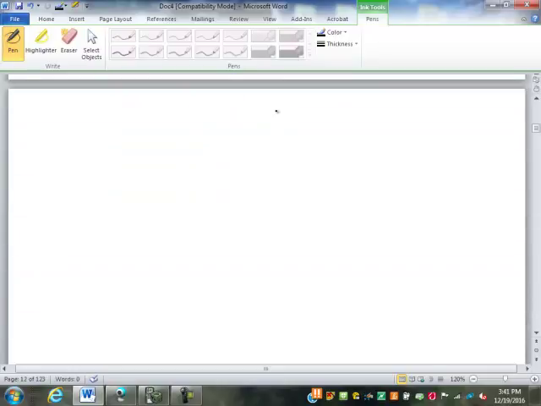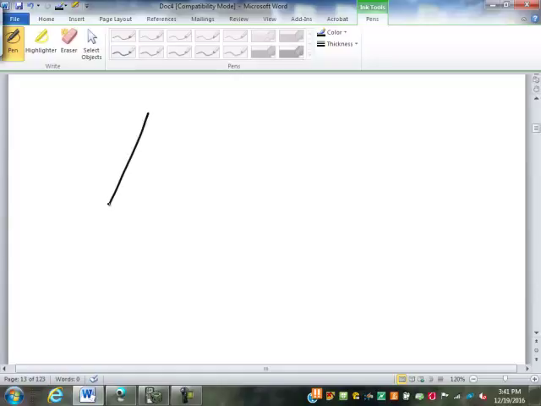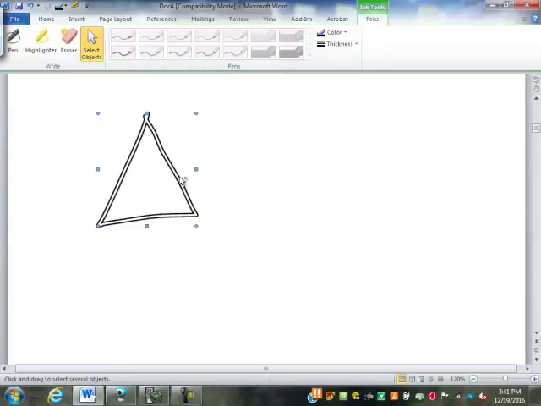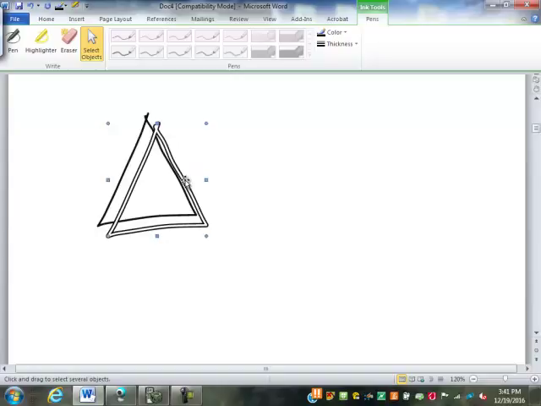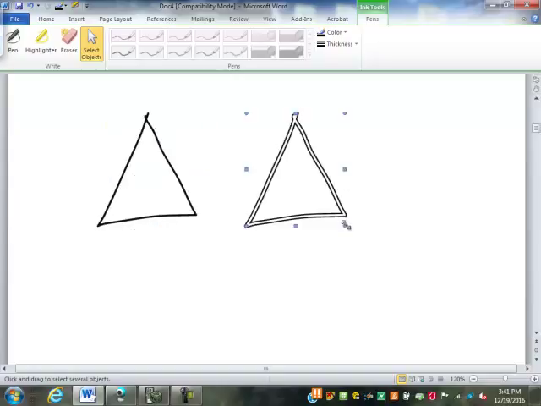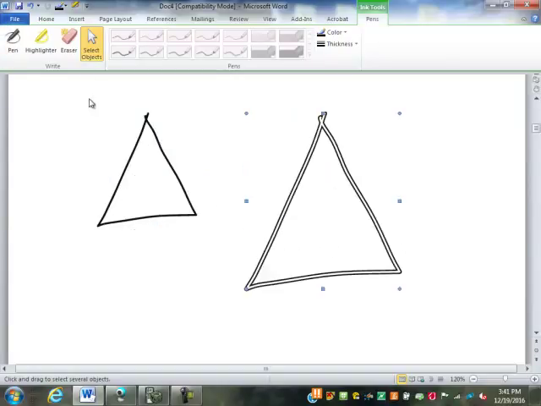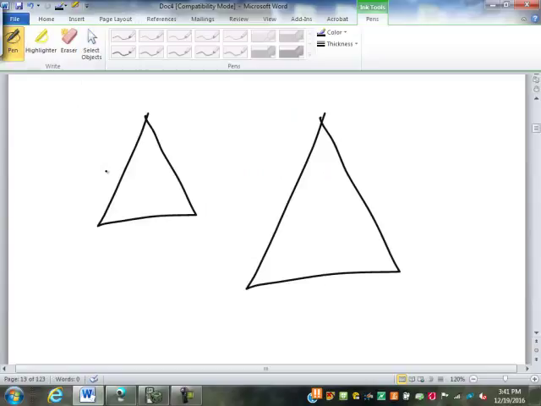So what if I have a triangle that doesn't have any right angles on it, and I magnify it or enlarge it? This side here started out as 10 inches and becomes 16 inches.